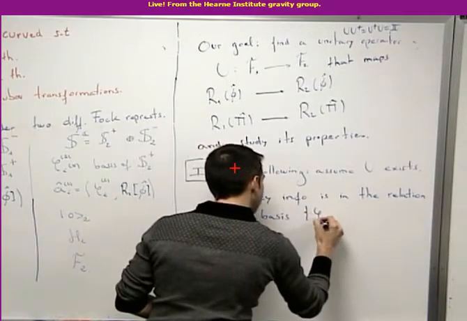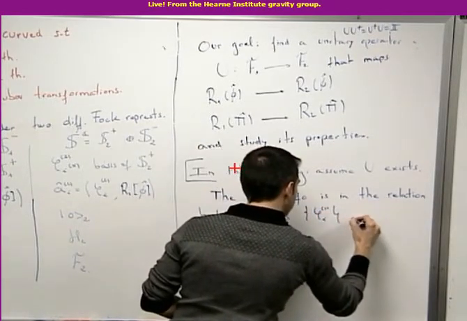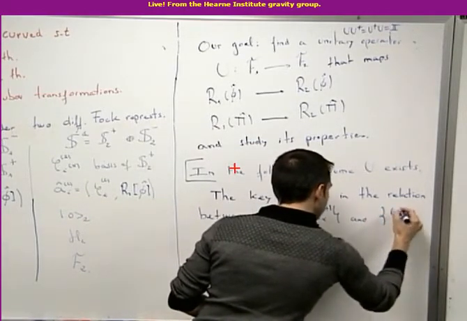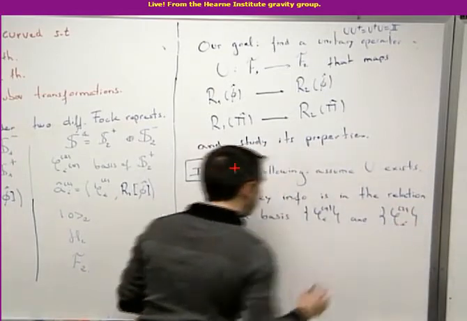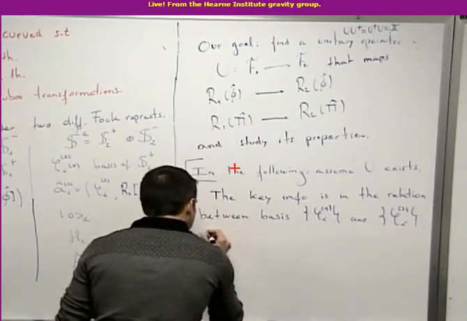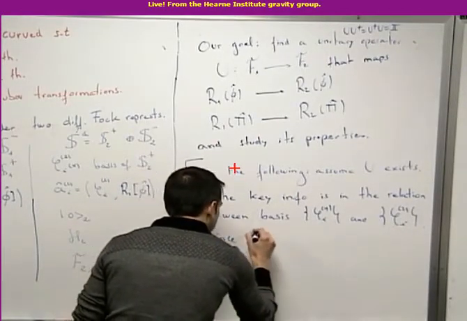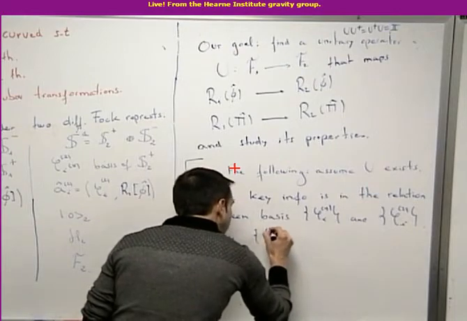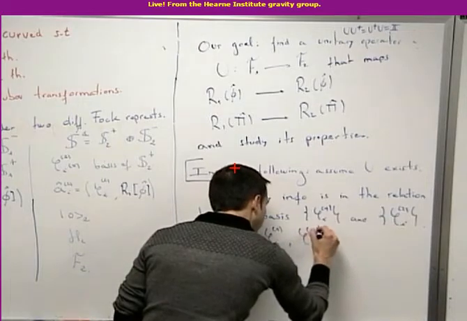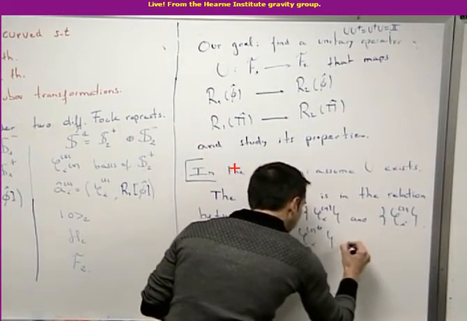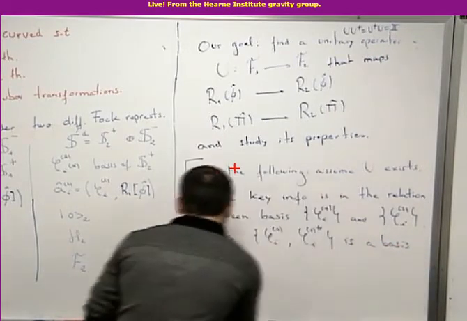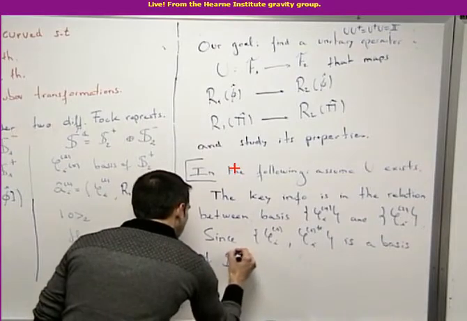Basis phi 1 and phi 2. And the trick is the following: if I take the basis of S1 plus together with the basis of S1 minus, we know that this is a basis of the complete space of solutions.